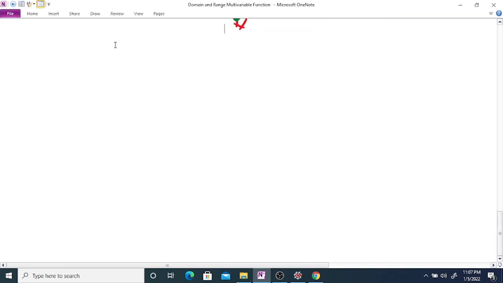Next, if we consider one more example, f of (x, y) is equal to the square root of x minus y, then we know that the square root function is not defined for negative numbers.